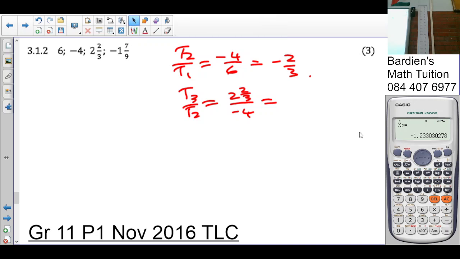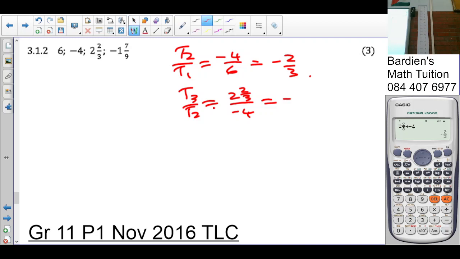If we put that in a calculator, 2 and 2 over 3 divided by negative 4 gives us negative 2 over 3.